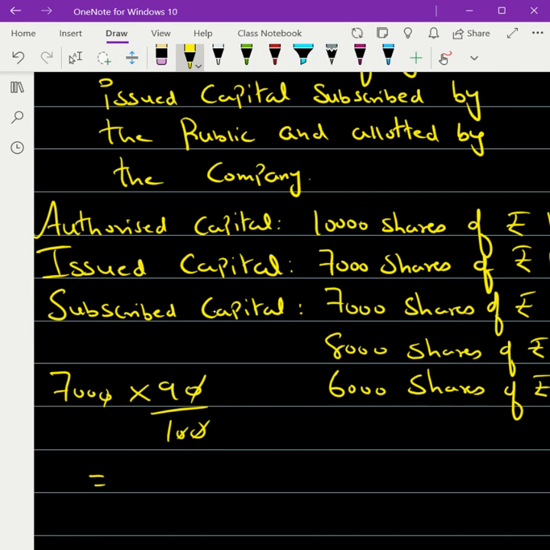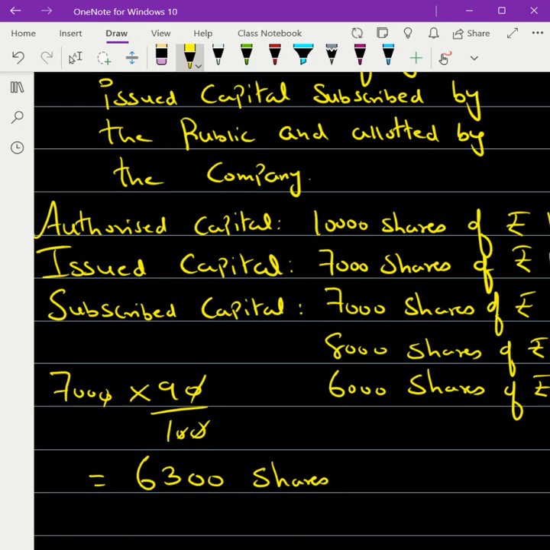Okay, what is 9 sevens, or 7 nines? You have to be fast in your tables. 63, right? Followed by two zeros. So now you look into it. You are getting 6,300 shares.